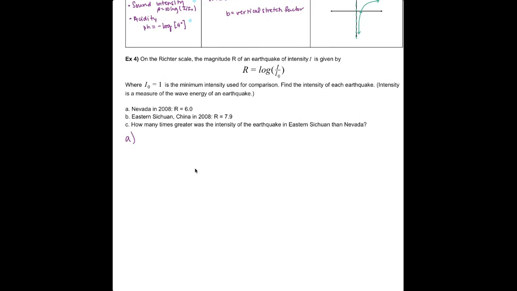For R, we plug it in, and I sub naught is just equal to 1. So 6.0 is equal to the log of I. Then we're going to go ahead and rewrite this in exponential form. So we get 10 to the 6th is equal to I, which is 1 million, the wave intensity.